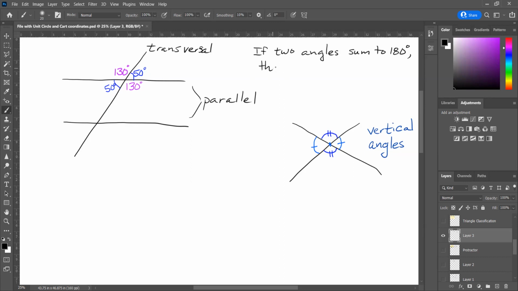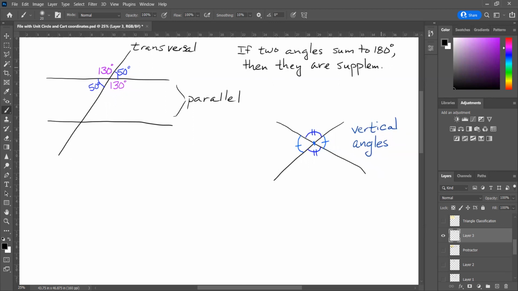We call those supplementary. Supplementary angles are two angles who add to 180. So that's a word you're going to want to remember.